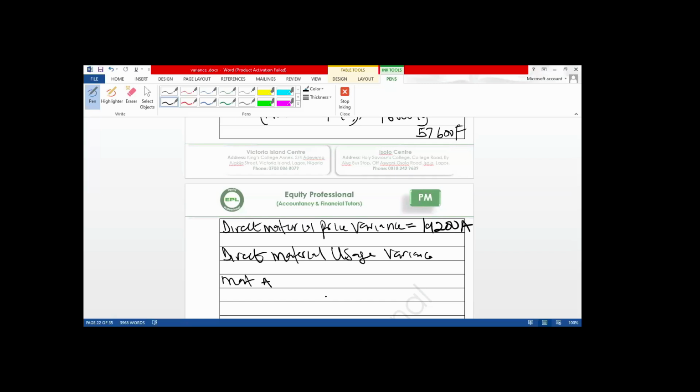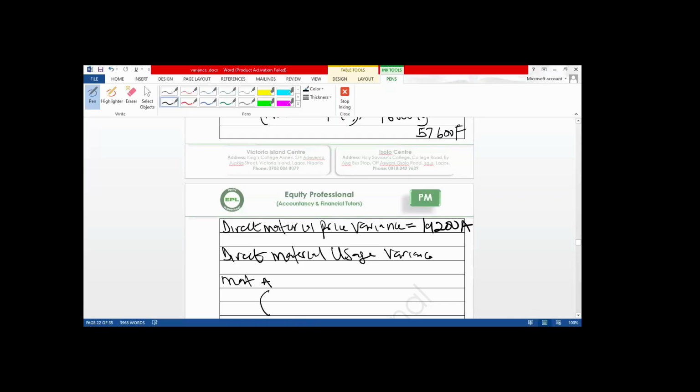Our actual production is 19,000 units. And for material A, to produce one unit, we require 10 kg of material A. So if I have produced 19,000 units, I'm supposed to use 190,000 kg, 19,000 multiplied by 10 kg.